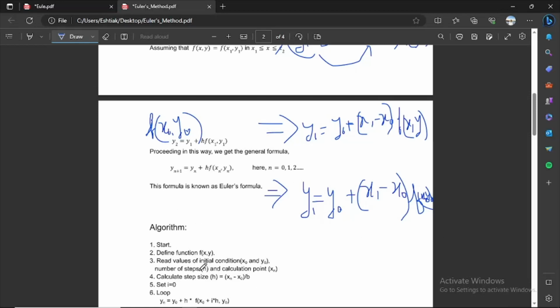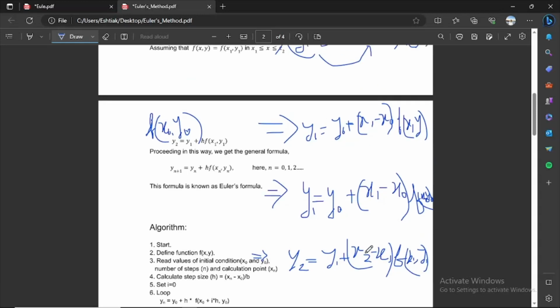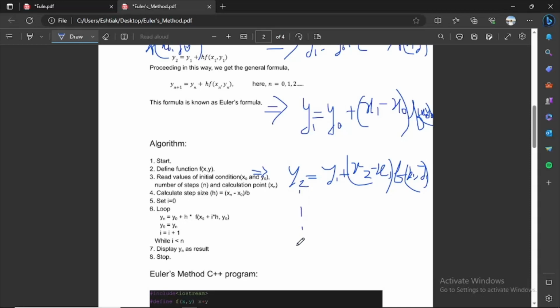If we continue this method, we will find our second approximation, which is y2 equals y1 plus x2 minus x1 times the function at our next initial condition, x1, y1, and so on.